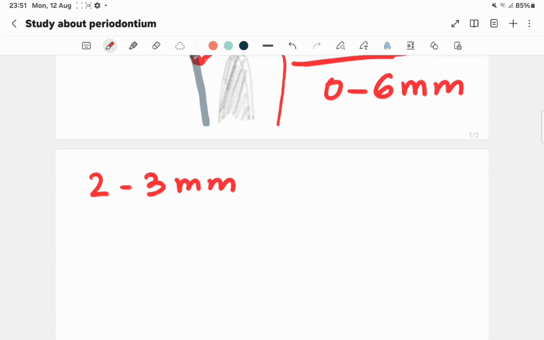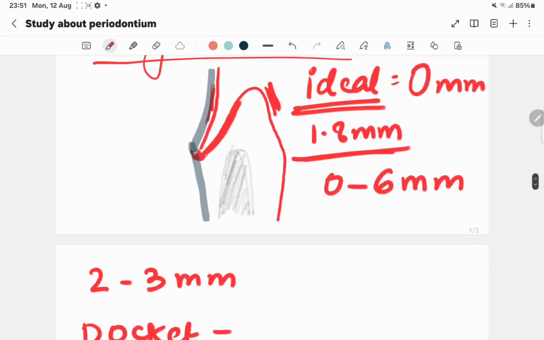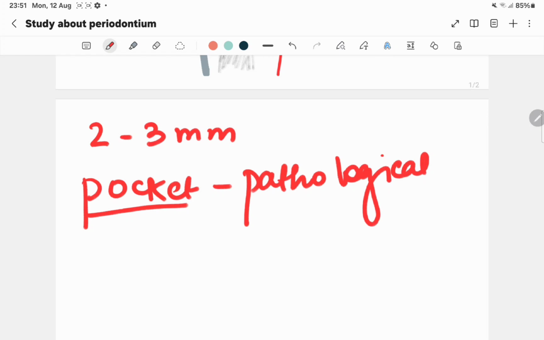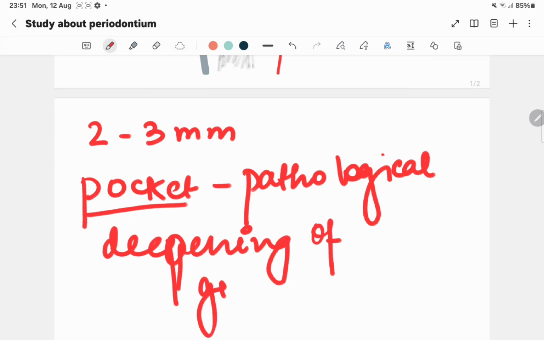So then what is a periodontal pocket? It is the pathological deepening of your gingival sulcus.